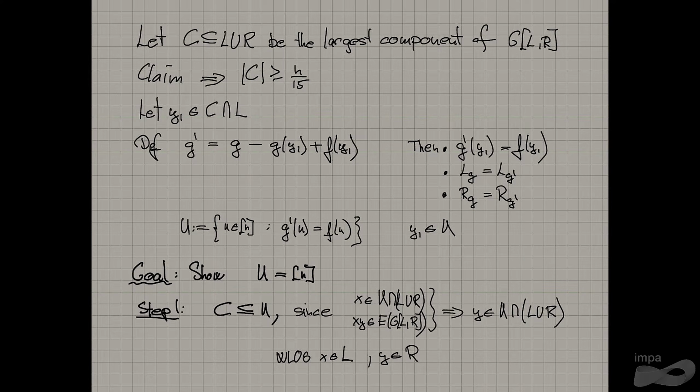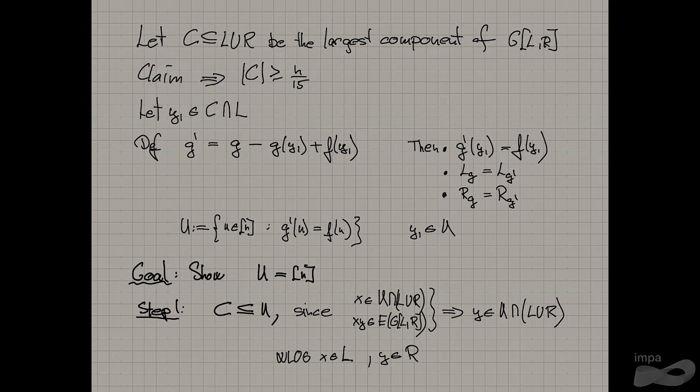And shifting does not affect the sides, because nothing happened with the left sides, I'm just moving them. But now I have at least one vertex inside this set U, which represents the vertices where G prime and F agree. So G prime and F agree in at least one vertex of U, which is inside the component of our interest and on the left side.